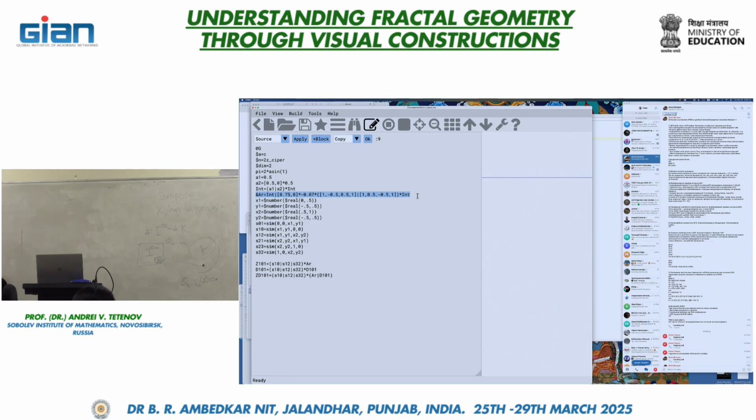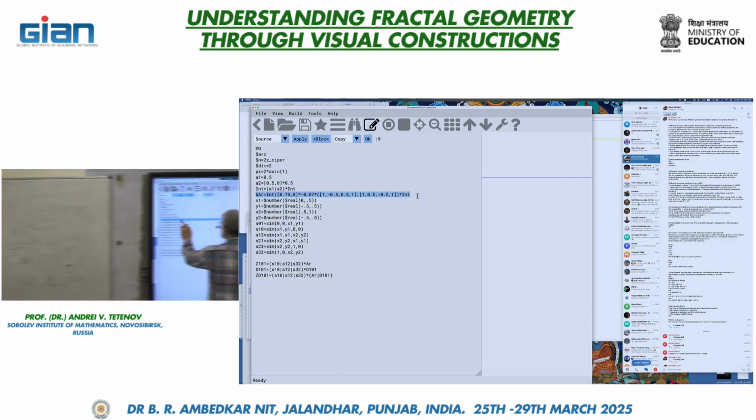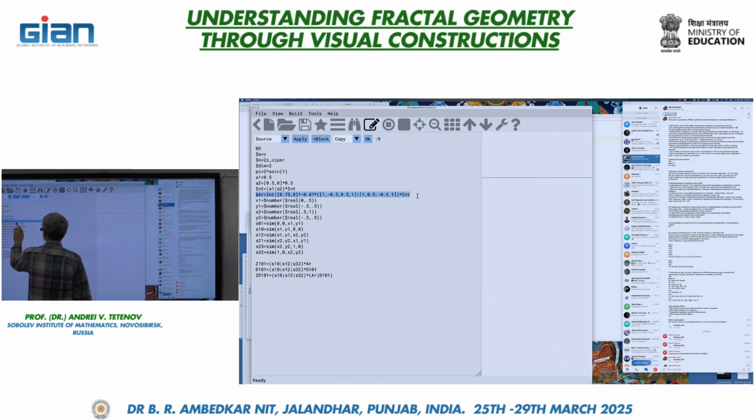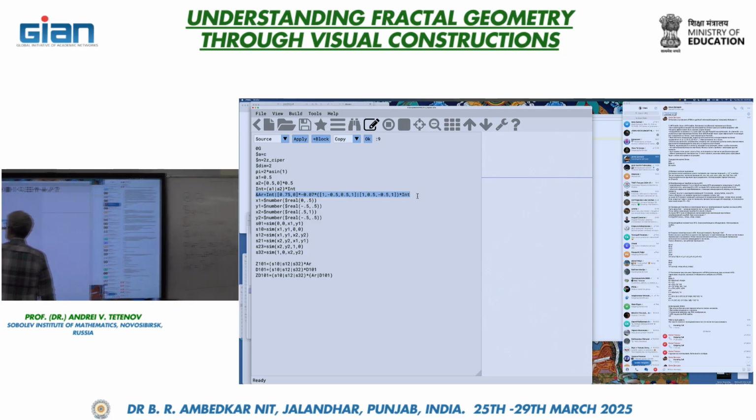So I deleted this sign and interval became visible. And now I write arrow is equal. So I take the unit interval and make its union with the arrow.